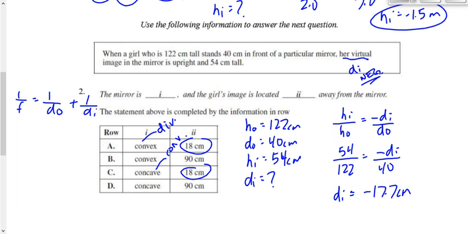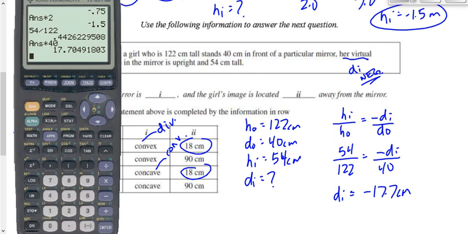Remember, the value of DI, negative or positive, tells us about the image, whether it's real or virtual, but it doesn't tell us about what kind of device we have: lens, mirror, converging, diverging. But as Nick says, if we find the value of F, then a positive F would mean converging, a negative F would mean diverging, and we'd have our answer.